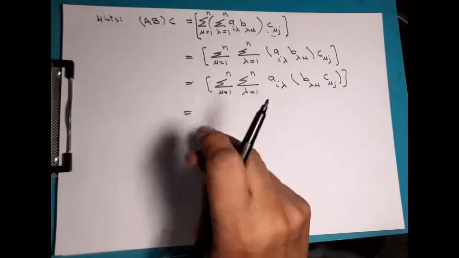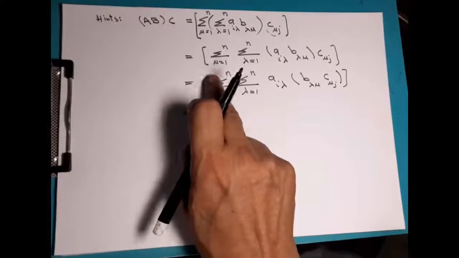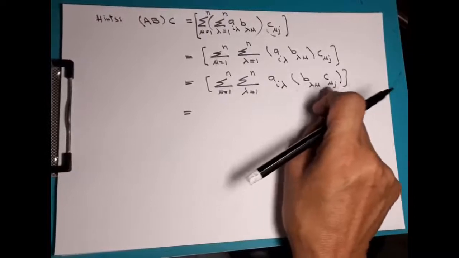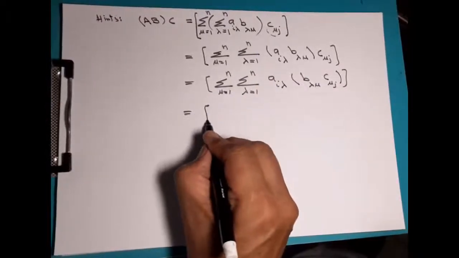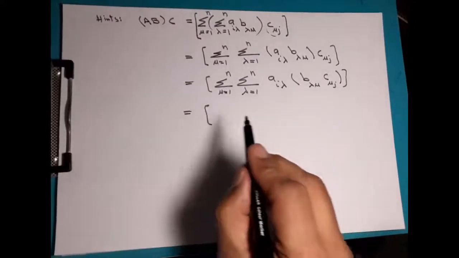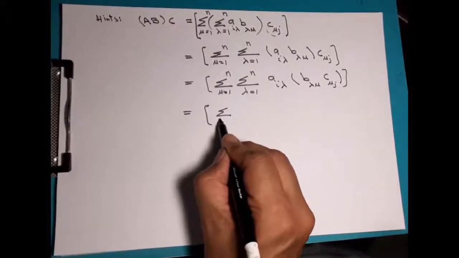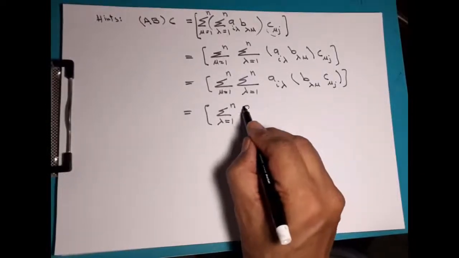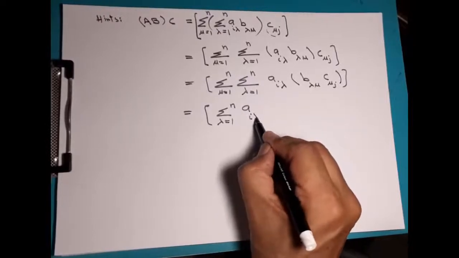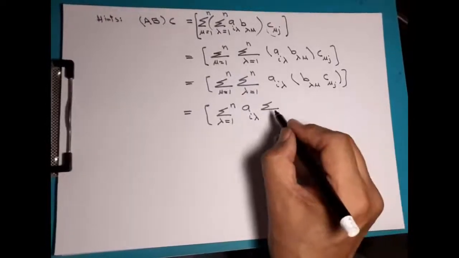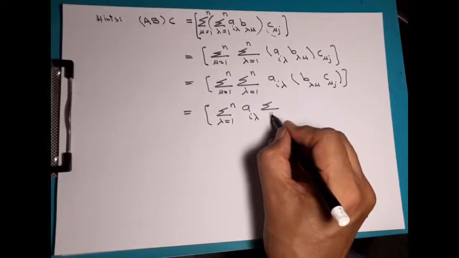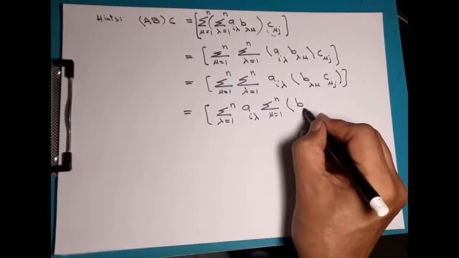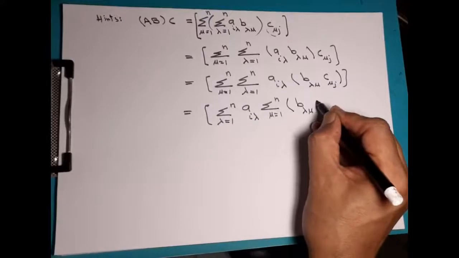So effect of μ varies from 1 to n will affect only this part of this expression. So you can write it as, this is equal to sigma λ varies from 1 to n, A_iλ, and then sigma μ varies from 1 to n, B_λμ C_μj.